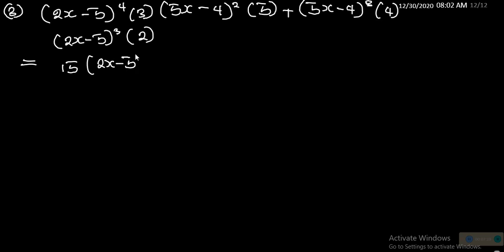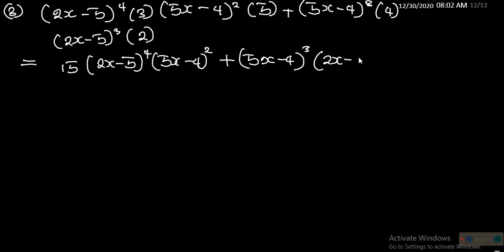So we have 15 into 2x minus 5 raised to power 4 into 5x minus 4 raised to power 2, plus 5x minus 4 raised to power 3 into 2x minus 5 raised to power 3. 4 times 2 is 8.